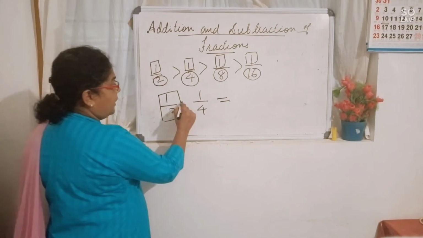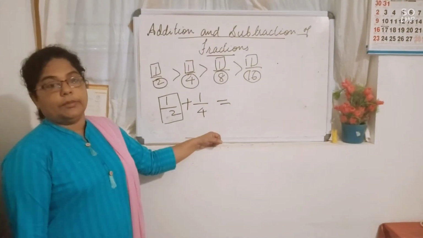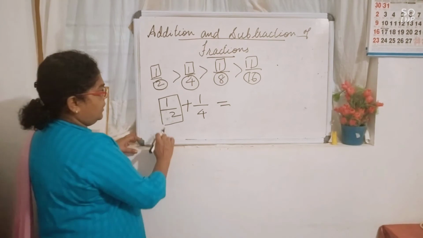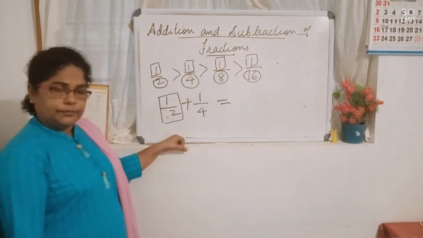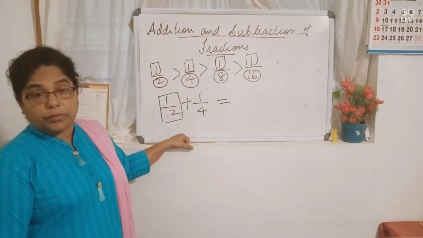Whenever we hear the word addition, what we used to do is quickly add the numerators and denominators and write the answer. In such a situation, we add the numerators to get 2, we add the denominators to get 6. So we get 2 by 6.